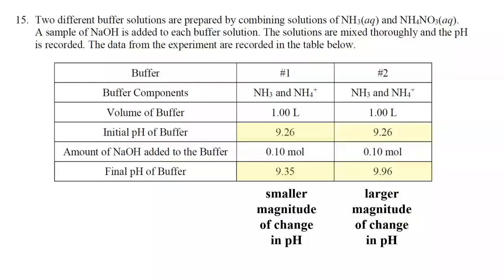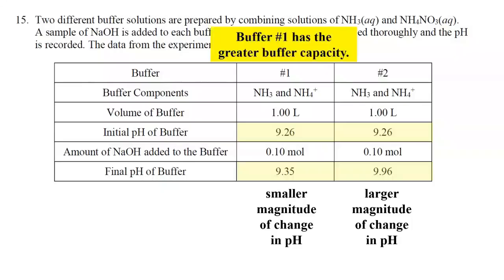So we don't have to know actually the initial concentration of ammonia and ammonium to make the following conclusion, that buffer number 1 must have had the greater buffer capacity. Why? Because it experienced a smaller change in pH. So buffer number 1 must have been able to absorb this added sodium hydroxide and keep that ratio from changing too much.